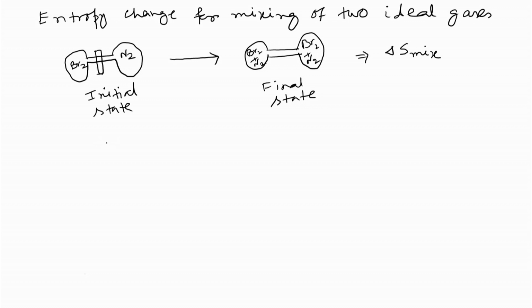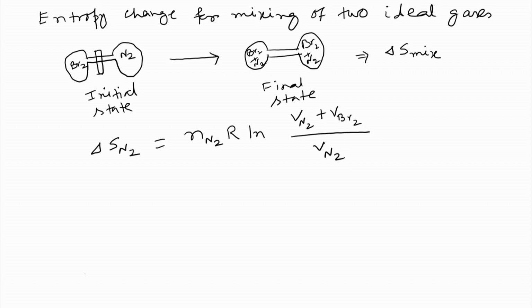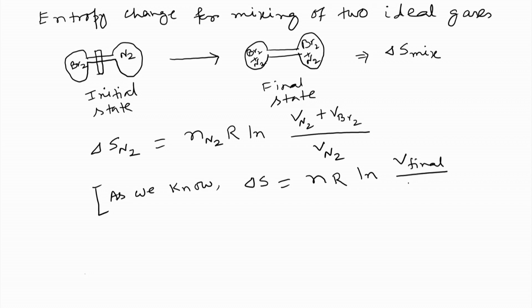So, what is the entropy change for nitrogen gas? N N2 R ln, because we know delta S is nothing but N R ln V final by V initial.